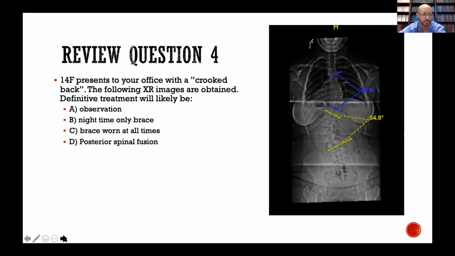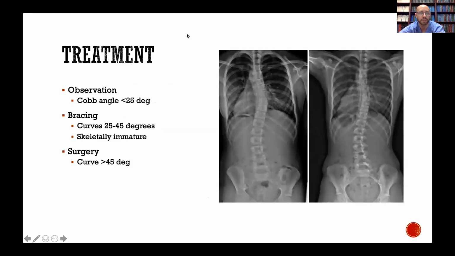All right, so the answer is posterior spinal fusion. It has a 55 degree curve.